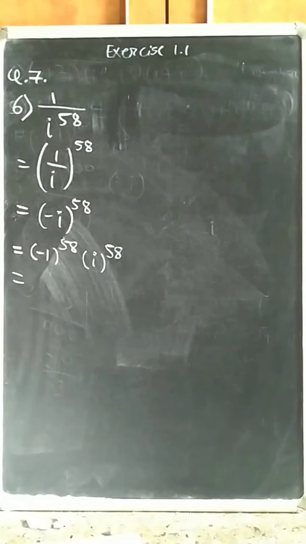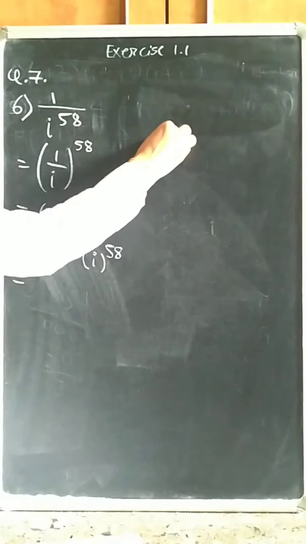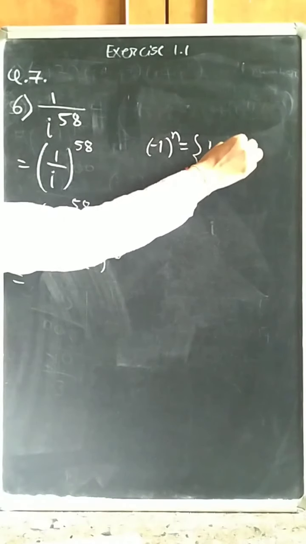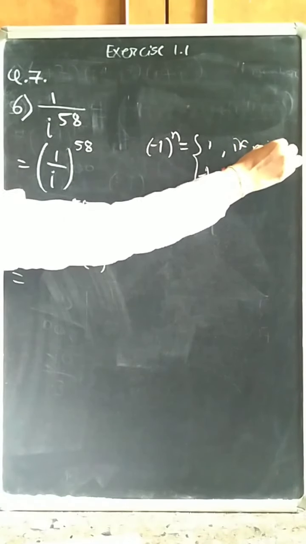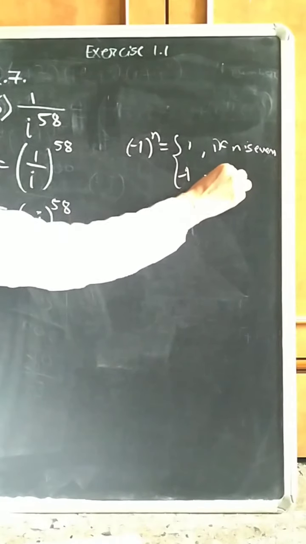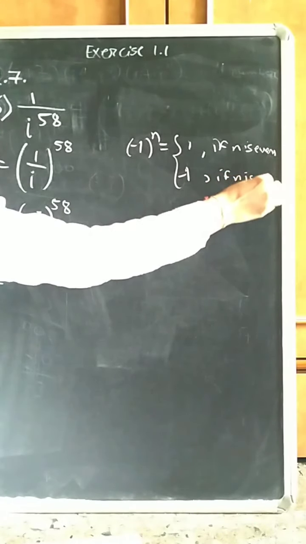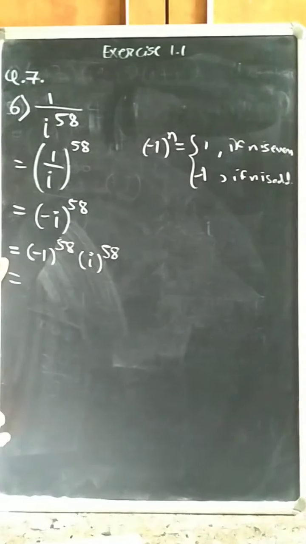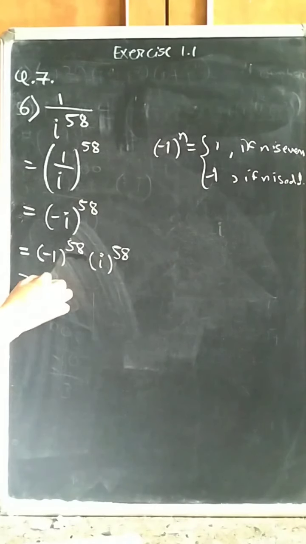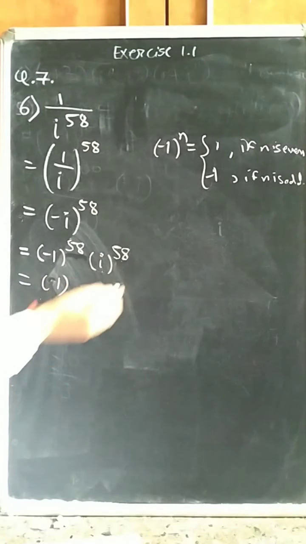We mentioned in a previous video also, minus 1 raised to n is 1 if n is even, and minus 1 if n is odd. So in this example our n is 58, which is even. Therefore this term is plus 1 and i raised to 58.